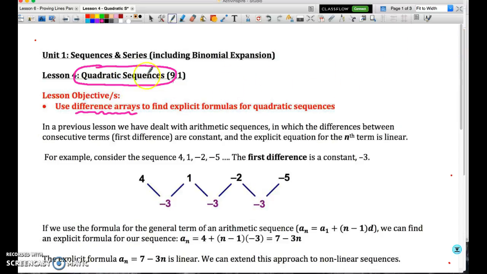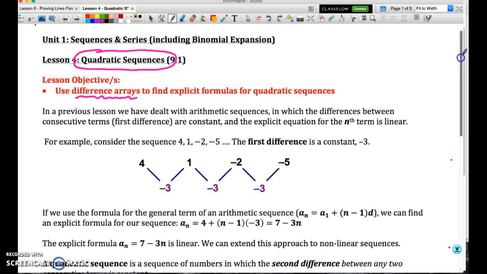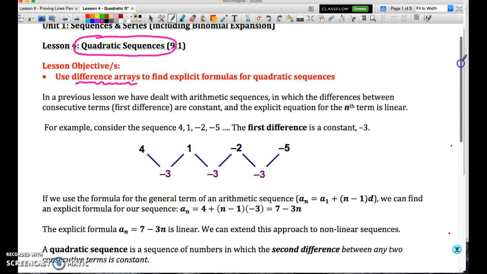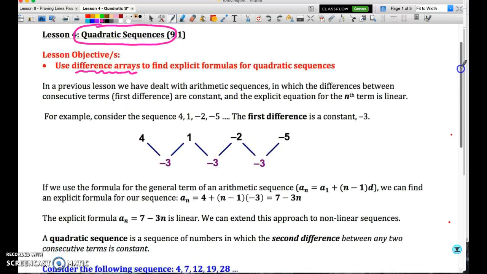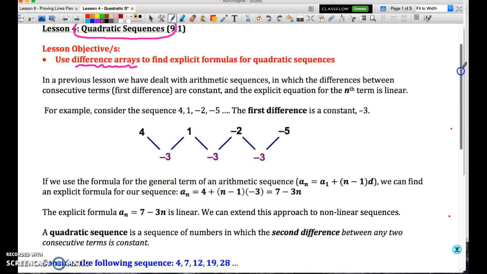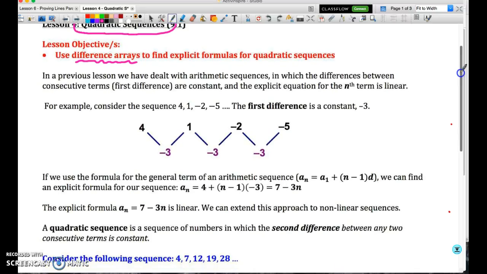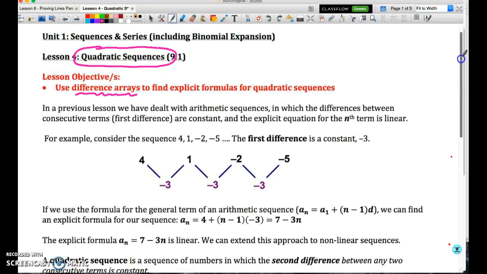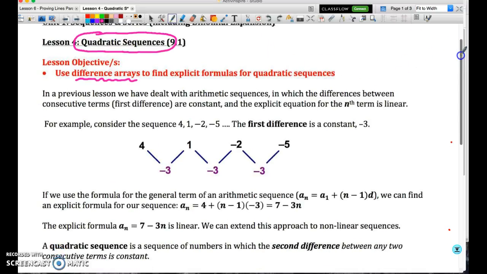And so obviously, since we've dealt with arithmetic sequences before, I'm going to start with that and show you that actually what we've been doing in finding common differences in an arithmetic sequence is the foundational step in finding quadratic sequences, and that the approach we're going to use is essentially the same.